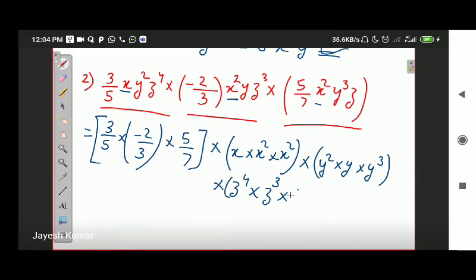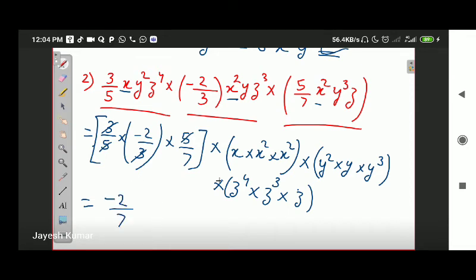I could not add x and x to the power 4. But in multiplication that is not the case. I can multiply x square or y square with y cube. It wouldn't matter. Now for the constant part, 3 is cancelled out by 3, 5 is cancelled out by 5. Remaining is minus 2 upon 7.